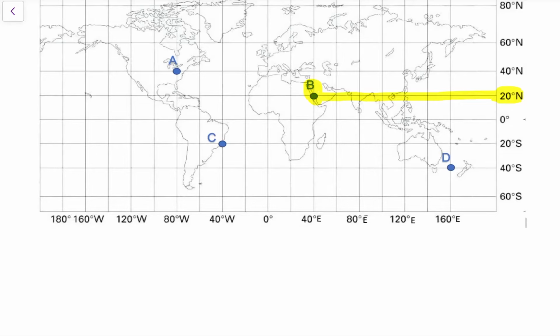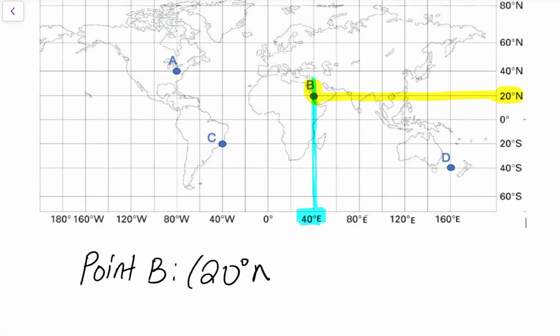For point B, the longitude is going up and down this way, and it looks like it's at about 40 degrees east. So my coordinates for point B, or location B, are 20 degrees north and 40 degrees east.